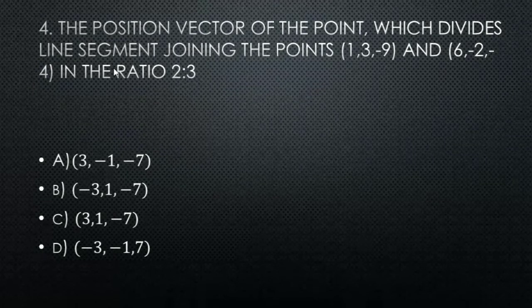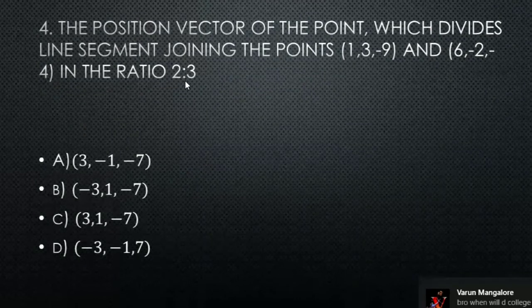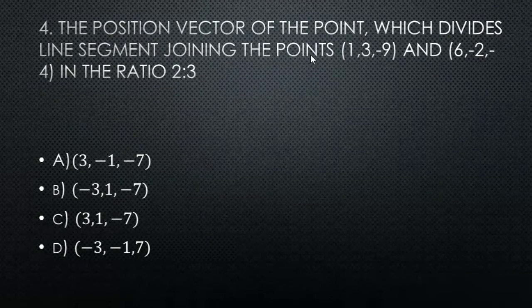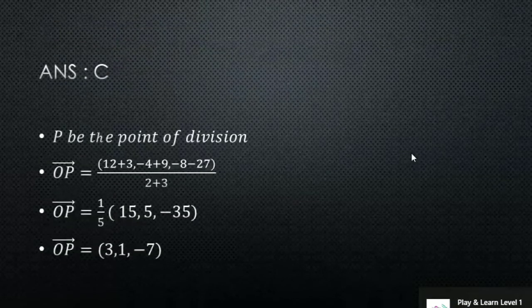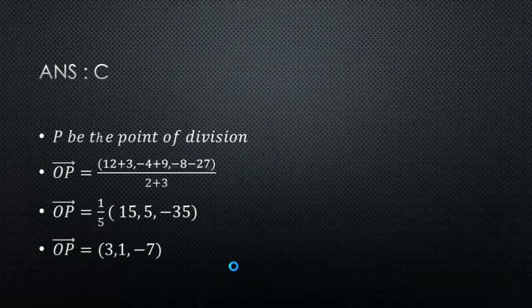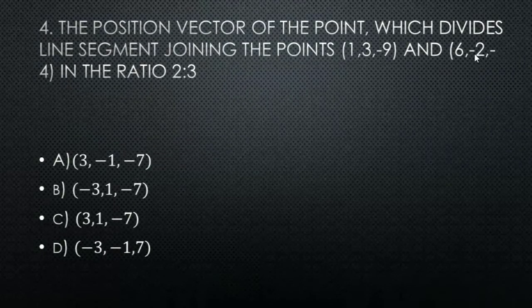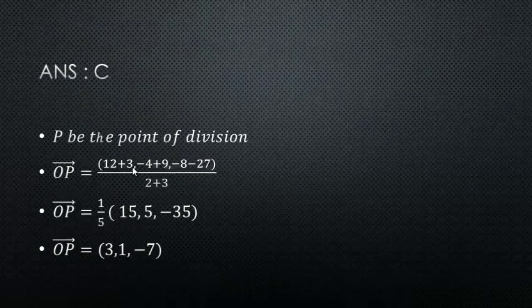So if you multiply, 2 into 6 will be 12. Clear? Then 3 into 1, then 2 into minus 2, and 3 into 3. Directly you can write, no need to use those formulas. So this will be 6 into 2 plus 3 into 1, that is 12 plus 3.